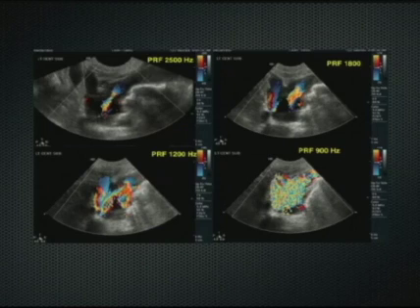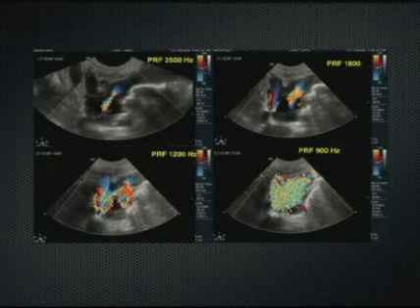At the high pulse repetition frequency, the low velocity components are all displayed in the black portion of the color map, giving the impression that the vessel does not completely fill with flow, and perhaps even raising the question of thrombosis. As we decrease the pulse repetition frequency to 1800 hertz, more of the lower frequency pixels are included in the color map and begin to appear within the vessel.